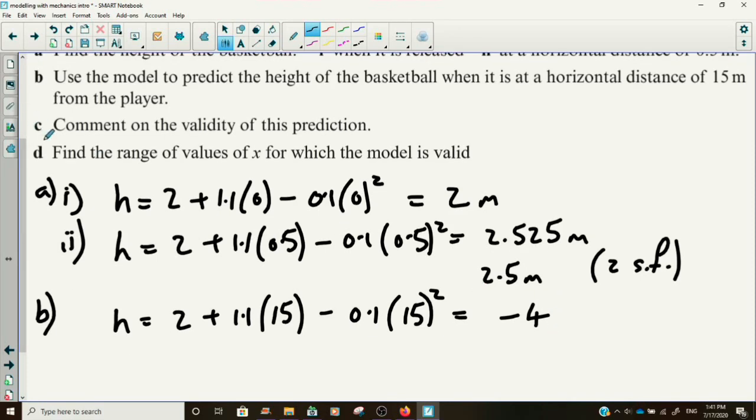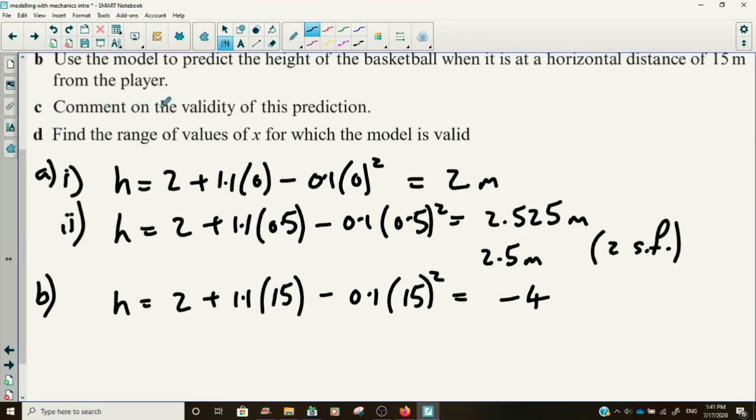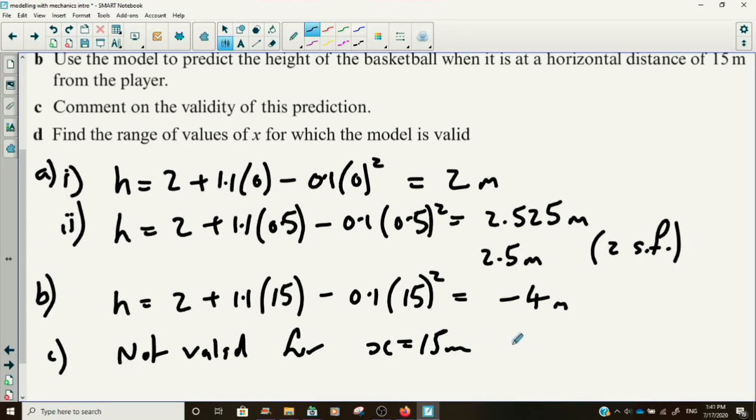And part C is all about that. Comment on the validity of this prediction. This is a prediction that it's going to be 4 meters below ground level. I would say for part C, not valid for x equals 15 meters, as h is less than 0.